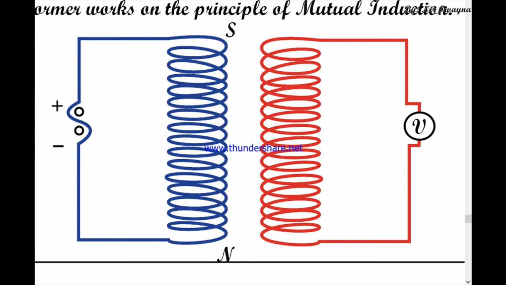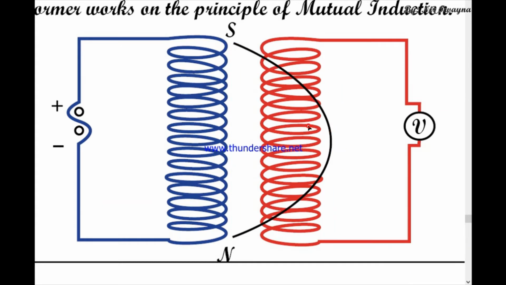Then a magnetic field is produced. This black line indicates the magnetic field.